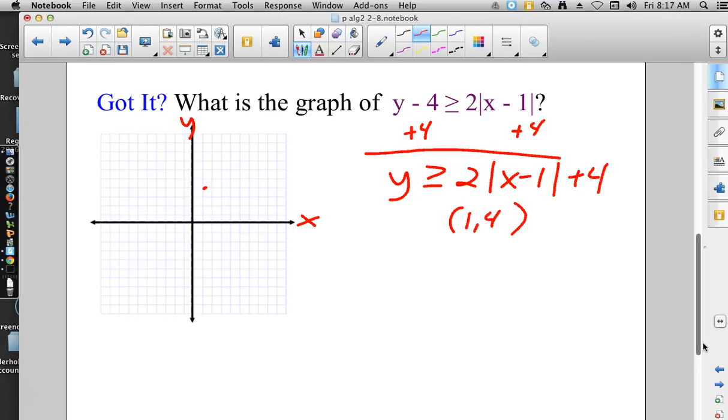What should we use as a slope? 2 over 1. Slow down. Dash your side.